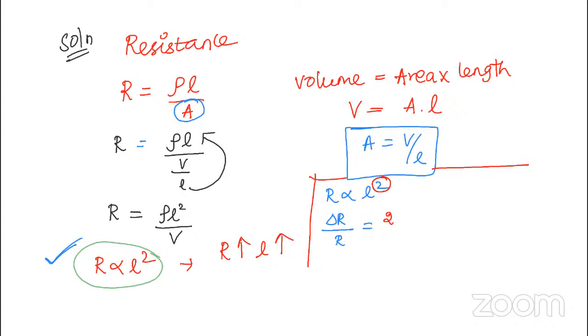So இப்ப 2 into delta L divided by L. Okay, so இப்ப இந்த delta L divide by L, so இப்ப இந்த values எவ்வளவு elongate ஆயிருக்குன்னு சொல்லிருக்காங்க, length ஓட value எவ்வளவு increase ஆயிருக்கு, that is 0.1 percentage. அப்ப 2 into 0.1 percentage, which should be is equal to 0.2 percentage. Okay, so by எவ்வளவு values it should be increases, that is 0.2 value it should be increases.